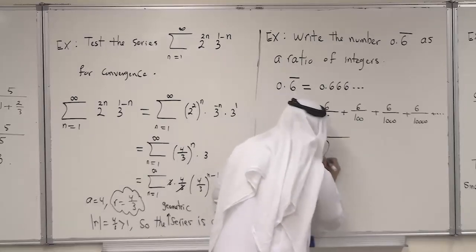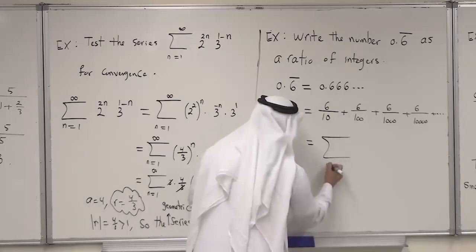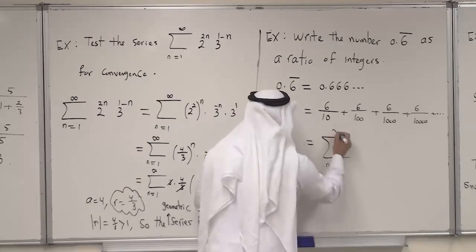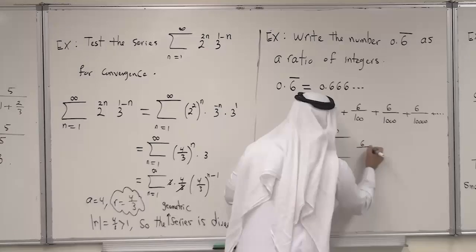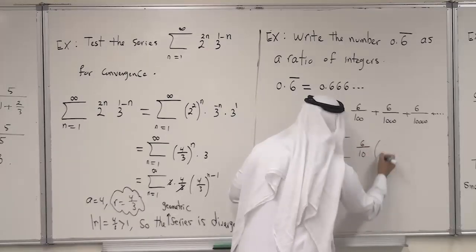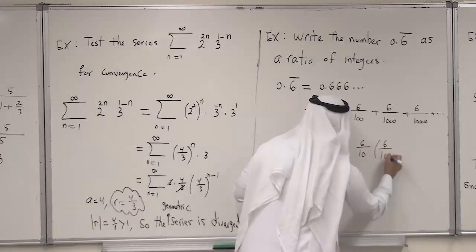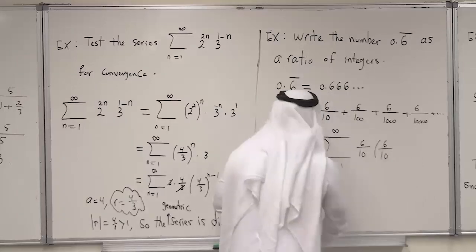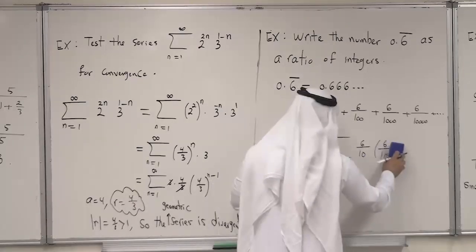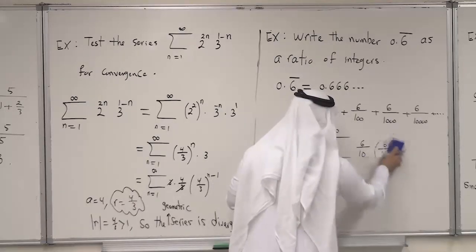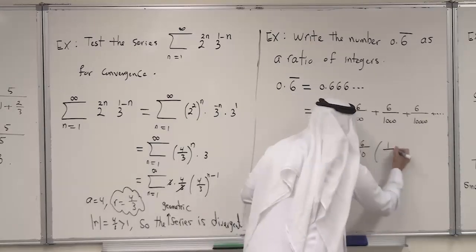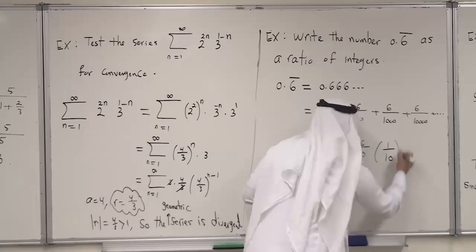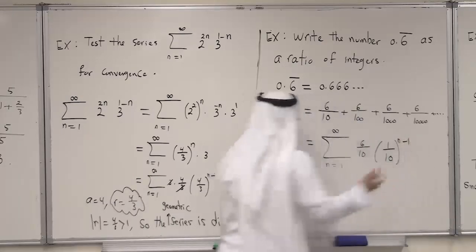You can rewrite it as an infinite sum from n equal to 1 up to infinity of 6 over 10 multiplied by 1 over 10, all to the power n minus 1. Let us check this.